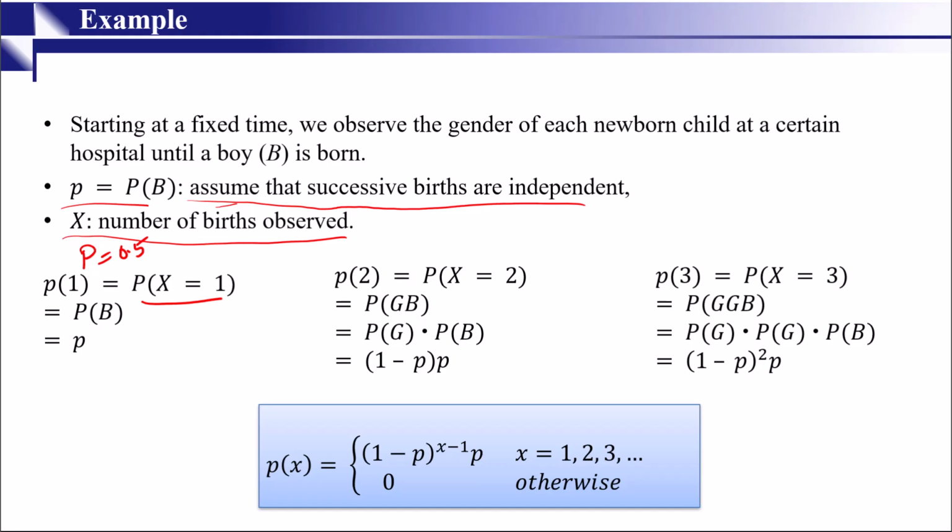P(X=1) is equal to p, which is 0.5, right? P(X=2) is the probability of girl and then boy, right? So we multiply P(girl) by P(boy), 50% each. This one is also 1 minus 50%, which is 50%.